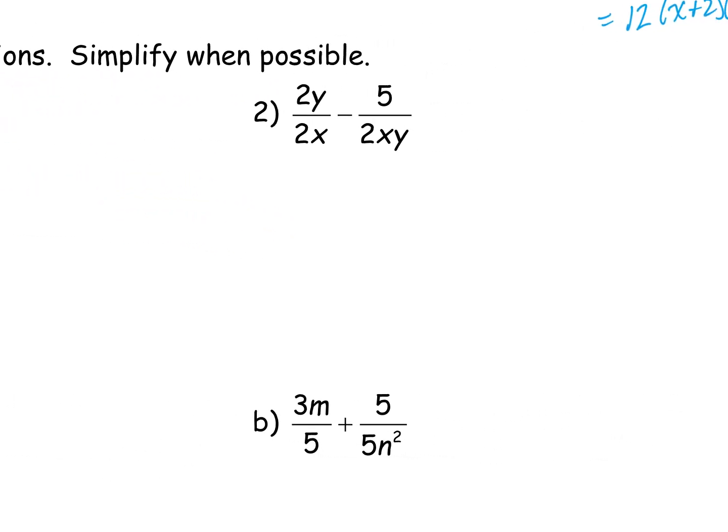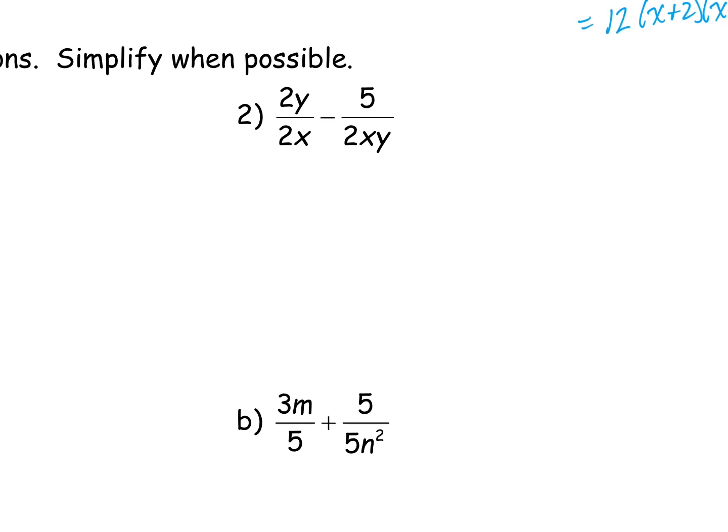What's my common denominator between 2x and 2xy? I need 2x from the first one. What do I need from the second denominator? What does this one have that this one needs?